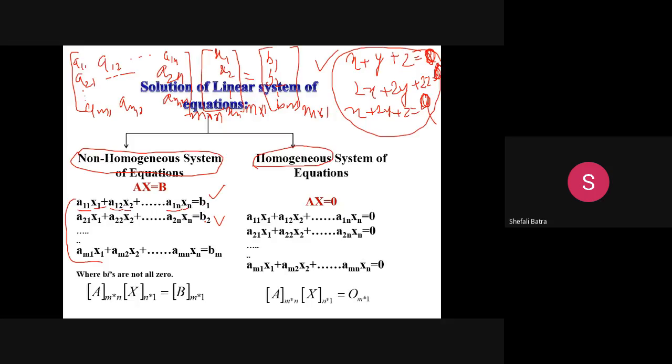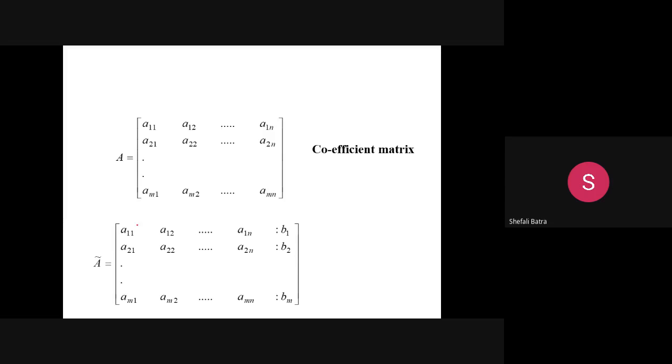This is known as the augmented matrix. So what is the difference between coefficient and augmented matrix? In the augmented matrix, there is one more column of right hand side entries.